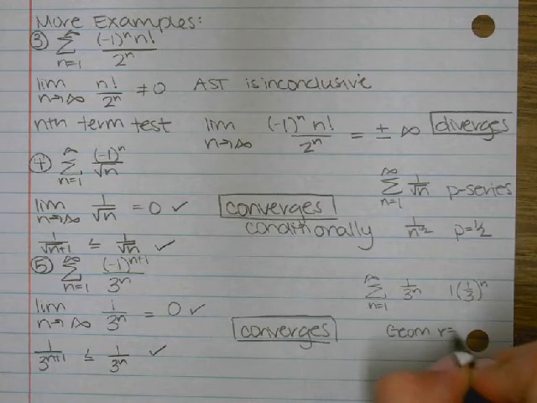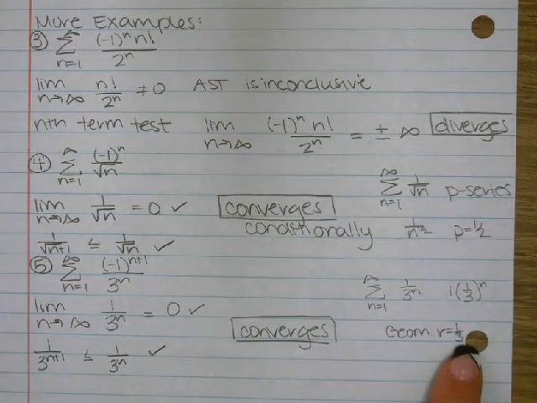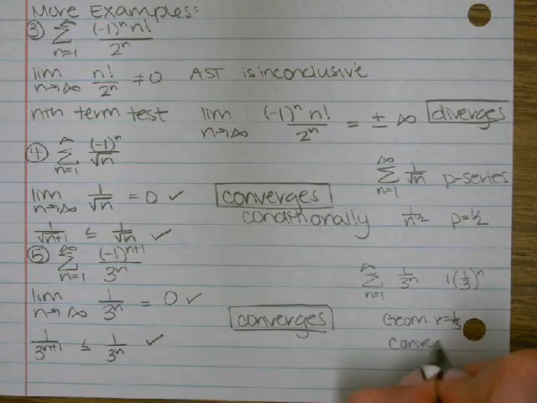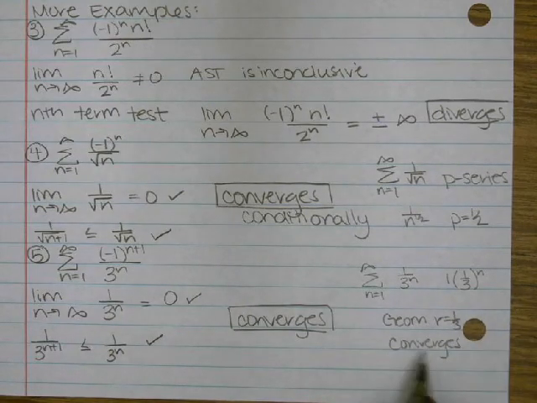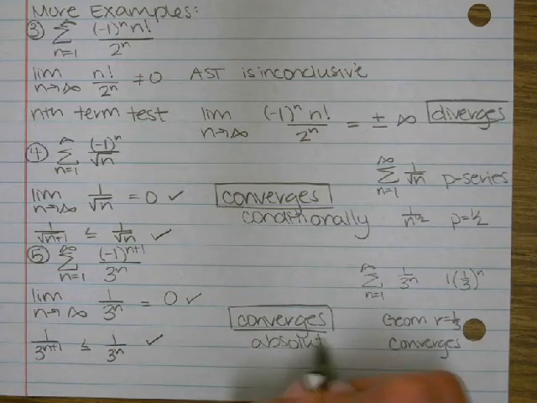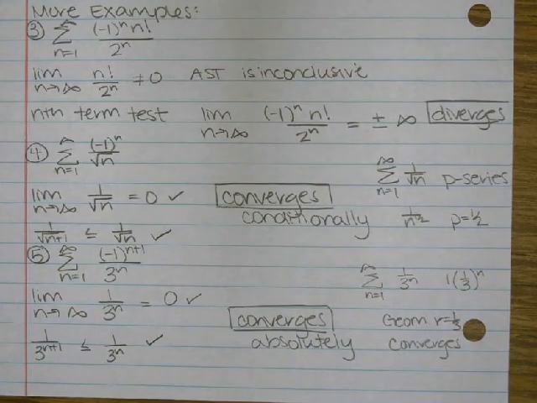The r is 1/3. And since r is less than 1, then we know that that converges. And since that converges as well, then we would say that this absolutely converges. That's because it doesn't matter if the signs alternate or not, it's going to converge either way.